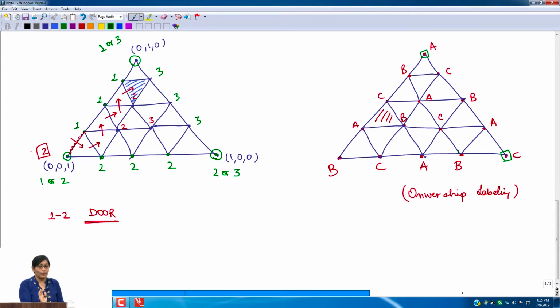Okay. So what happened is there is exactly one particular door. So there is no way I can be thrown out of this particular triangle, because there is no 1-2 edge on any other boundary, right? If you eyeball it, there is exactly one 1-2 edge on the whole boundary of this particular triangle T, right?